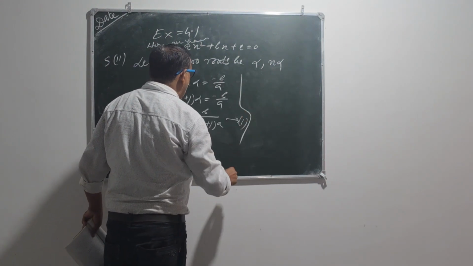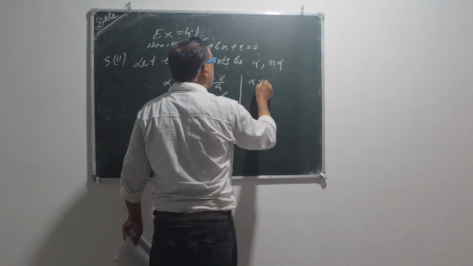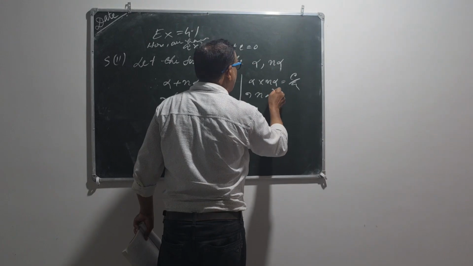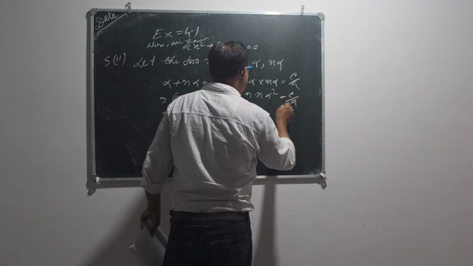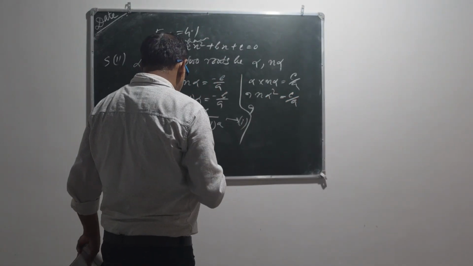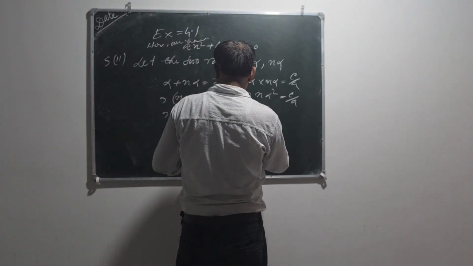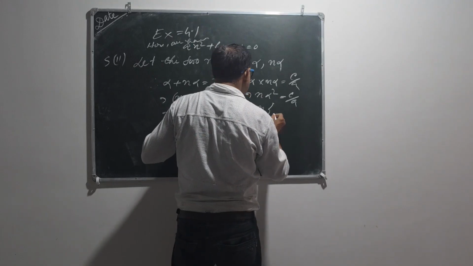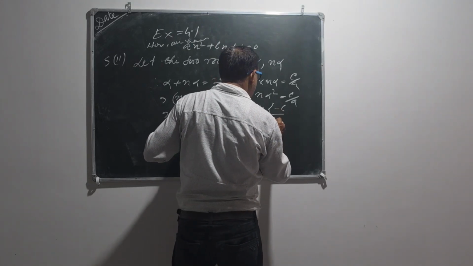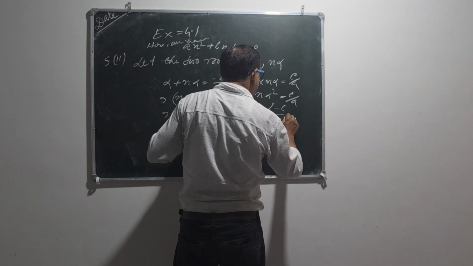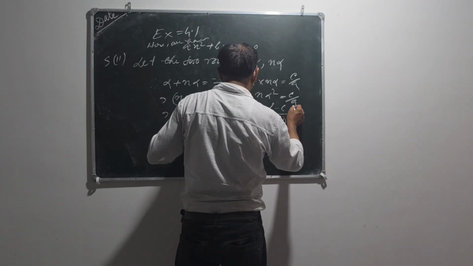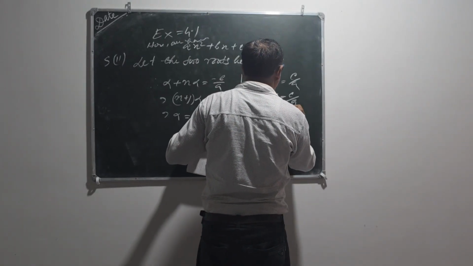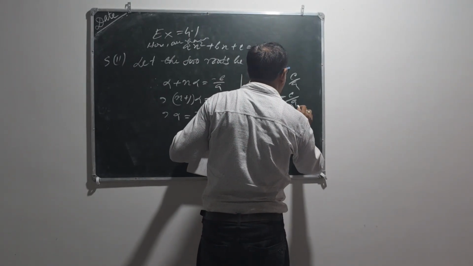So, the product of the roots will be alpha into n alpha equal to c by a. That is, n alpha square equal to c by a. That is, if we use the value of alpha from 1, then we will get n whole into within bracket, it will be minus b by n plus 1 bracket, it will be by a, whole square.